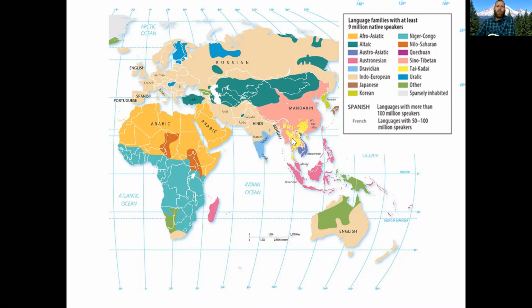The next place I want to go, I don't really have much to say about this yellow one here. Lots of people are speaking different languages in South China, in places like Burma, or Myanmar, and parts of Thailand. And that's a language family called Tai Kadai. That's what your textbook calls it. I'll just tell you, some textbooks don't necessarily call it that, and sometimes you don't see this as a separate language family.